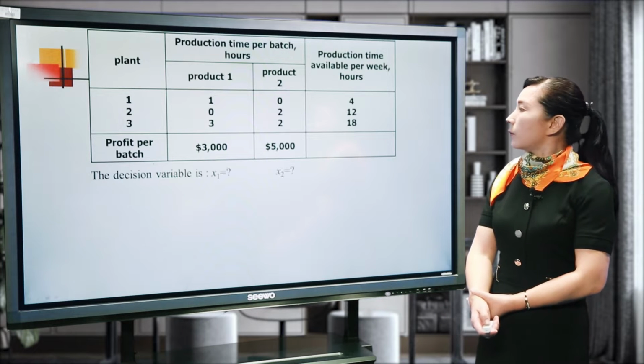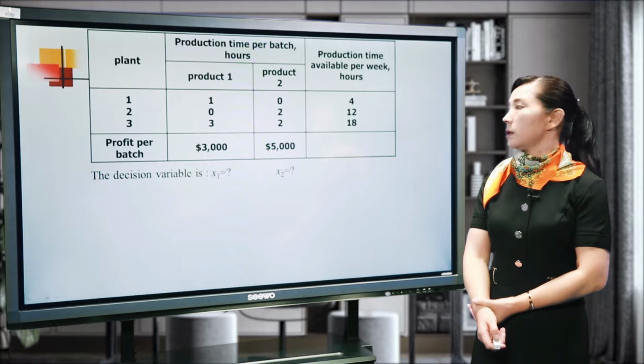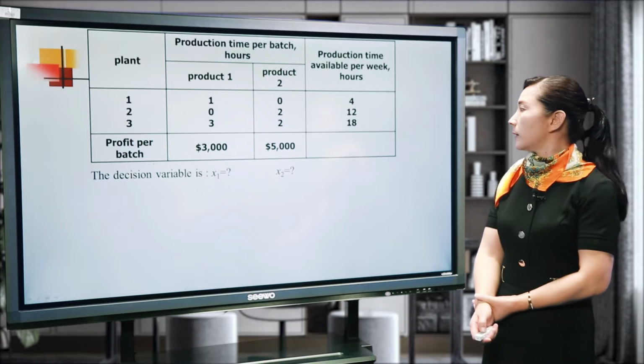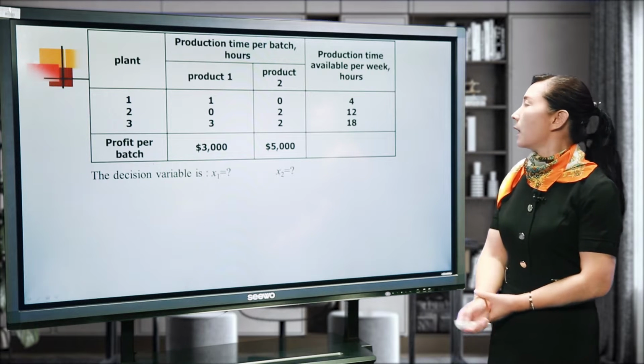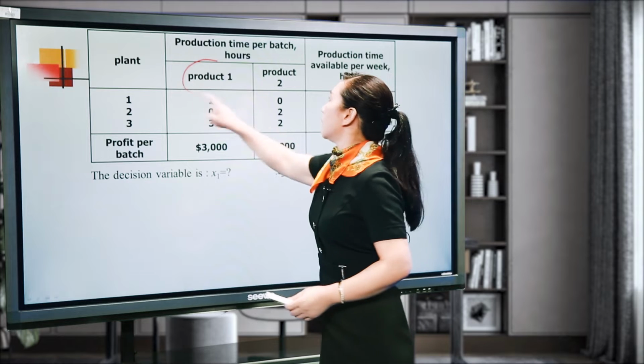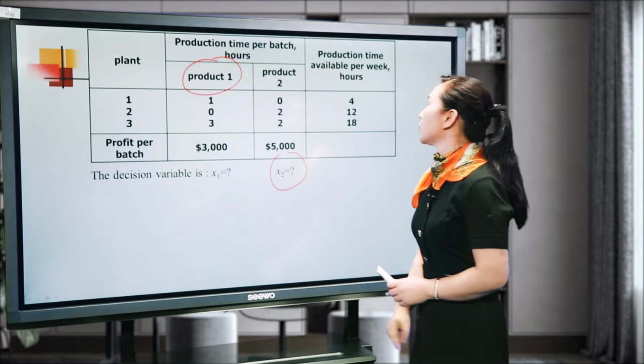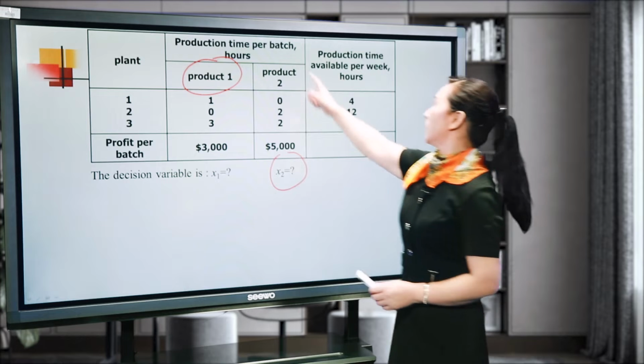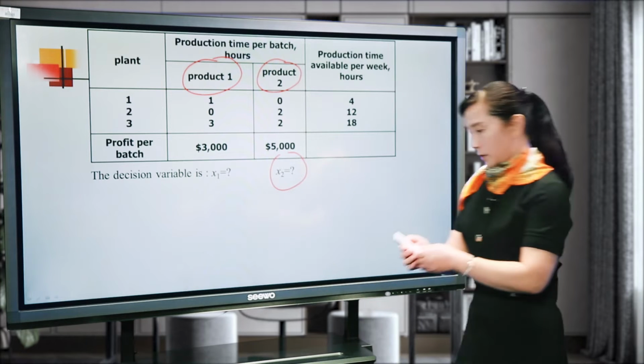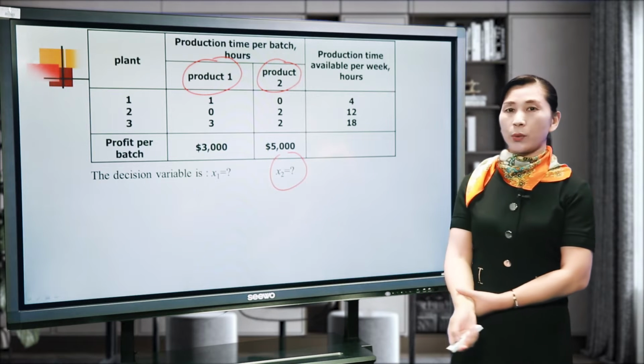Now in this problem, we need to determine the decision variables. X1 means how much product 1 is produced. X2 means how much product 2 is produced. So these are the decision variables.